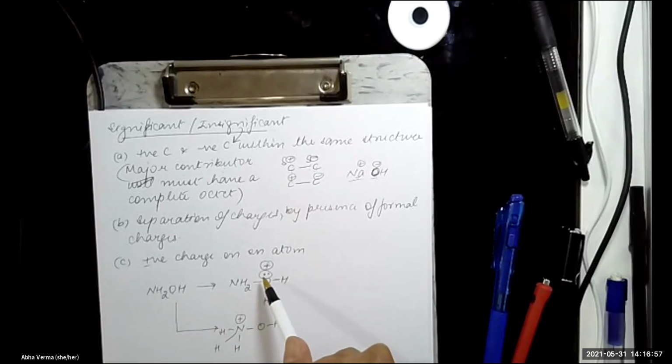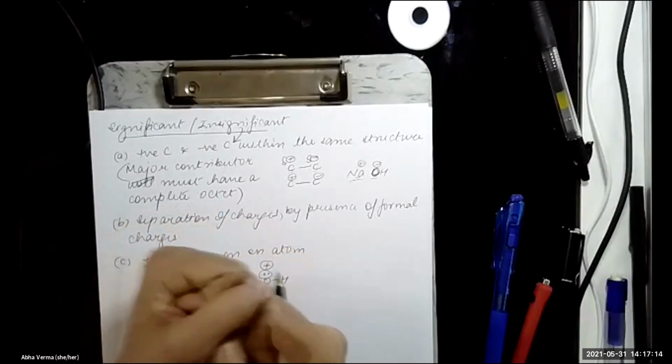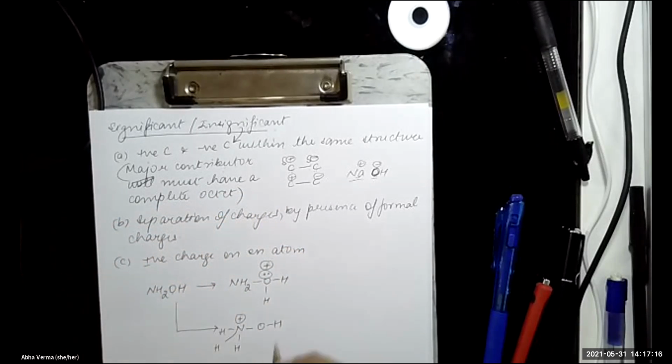If I have to give a positive charge on oxygen, it will not like it. Oxygen is more electronegative. It is stingy with its electrons. It is not a good donor. It would hold on to its electrons for itself, and so it will not want to make another bond. But nitrogen, on the other hand, can accept a positive charge.